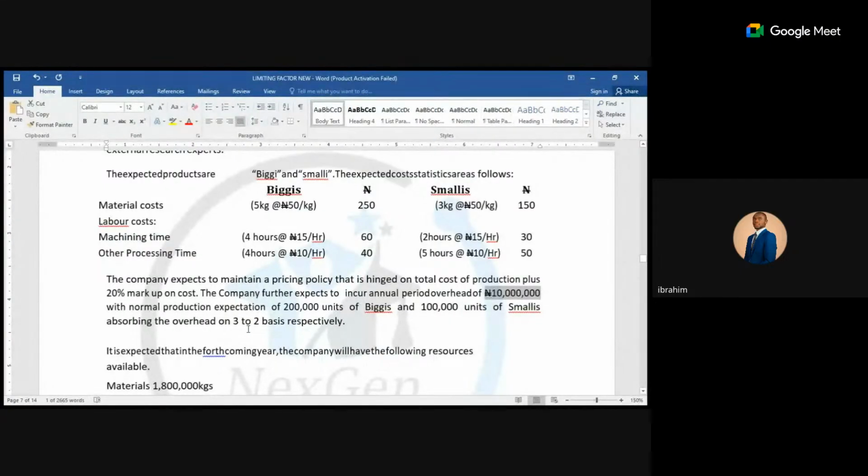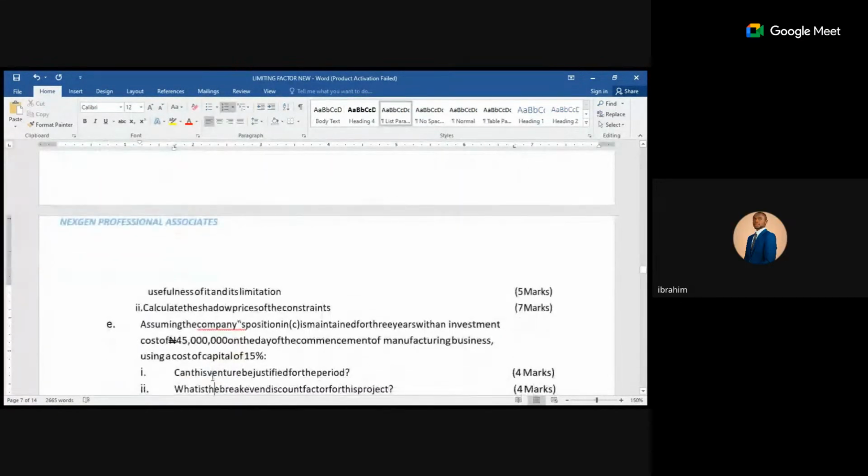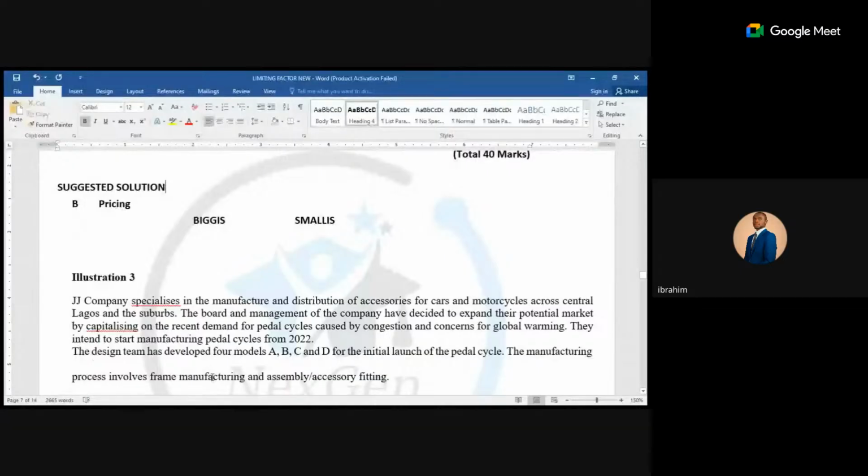And they've given us the basis of apportionment and absorption, 3 to 2 basis, meaning that 3 over 5 of 10 million for biggies, 2 over 5 of 10 million for smallies. That is the fixed overhead. So we can start with material costs.